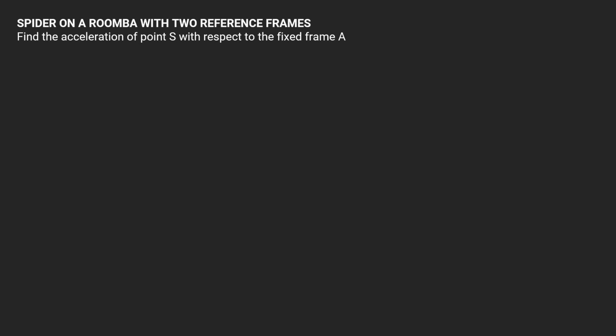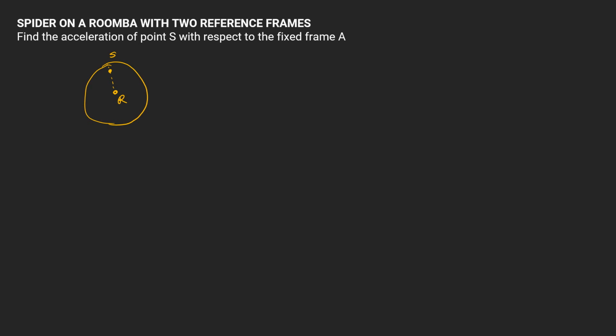So just to set the problem up again, we have our Roomba, a circle here, and the center is at point R. And then we have a spider at point S, and that spider can move in the radial direction along the line outlined here, towards or away from the robot center.